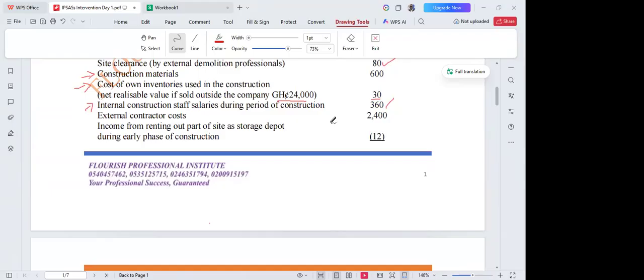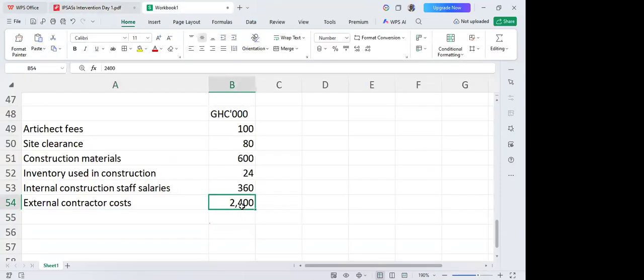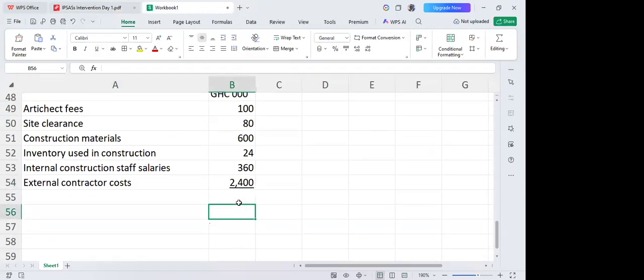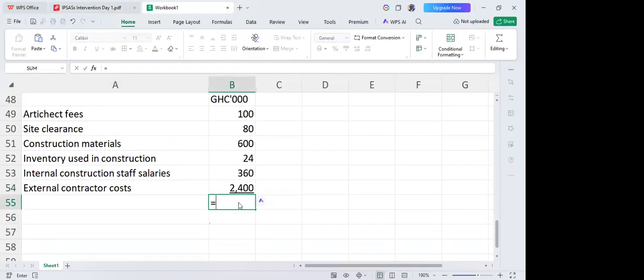I hope you are aware of the new standard for revenue. So you use IPSAS 47 to account for that. So it's not going to come here. So it means that in this question we are done.